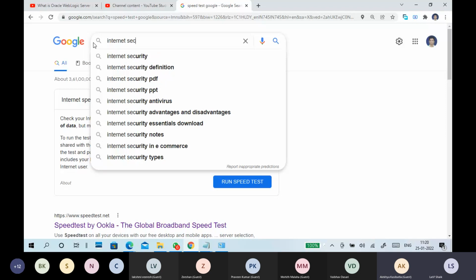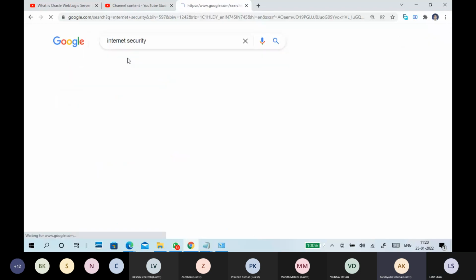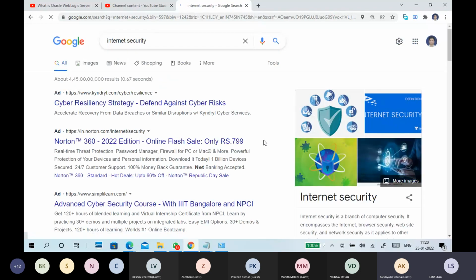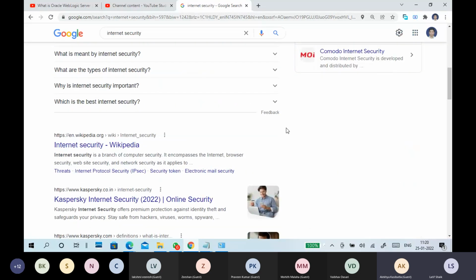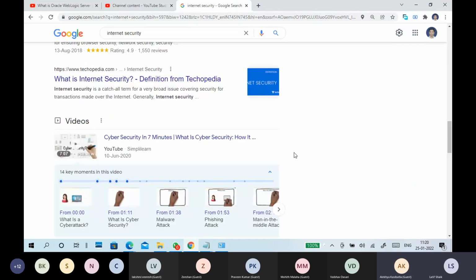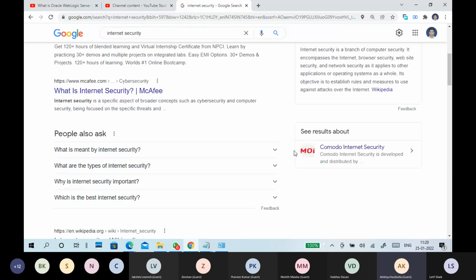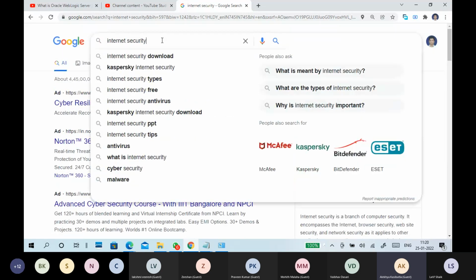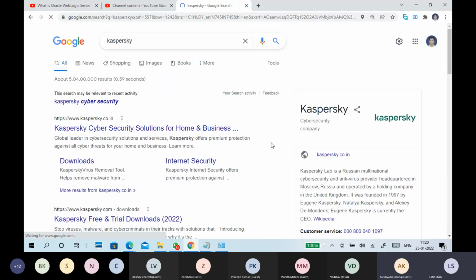Internet security. Different types of internet security applications are there: Kaspersky, McAfee, Bitdefender, eScan, like this. So I'll go to Kaspersky Internet Security or cyber security.